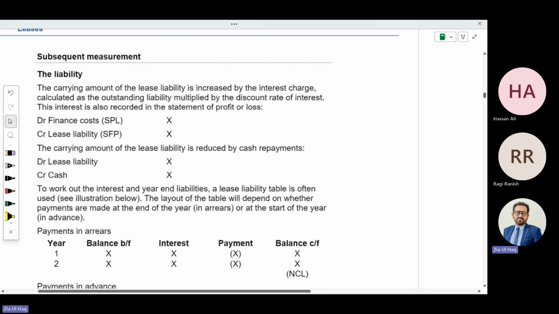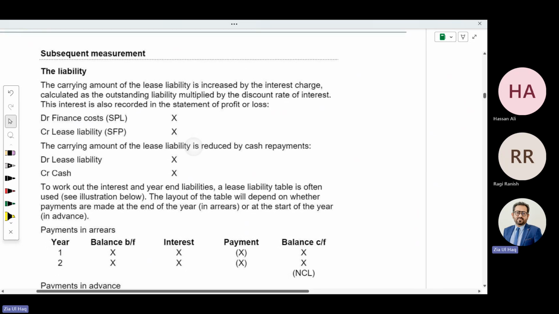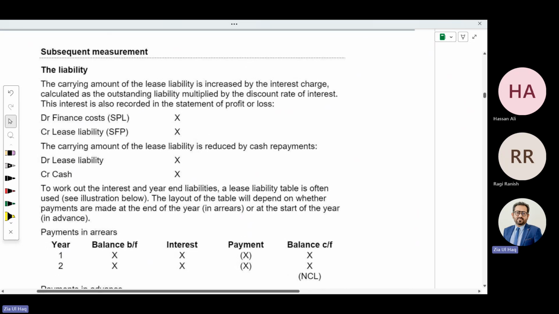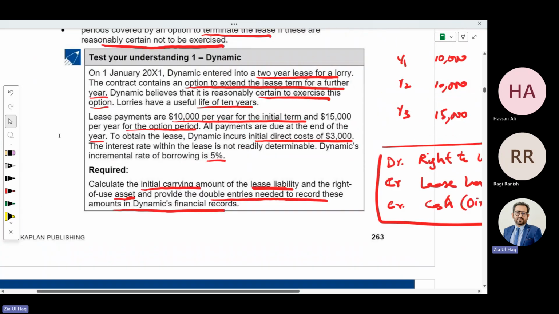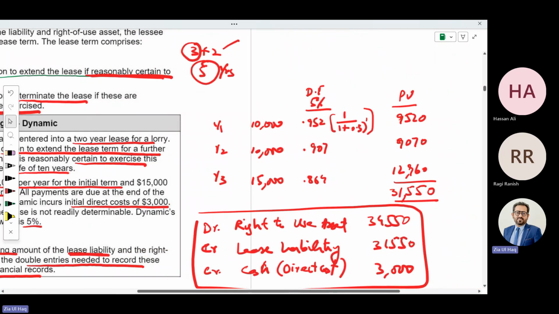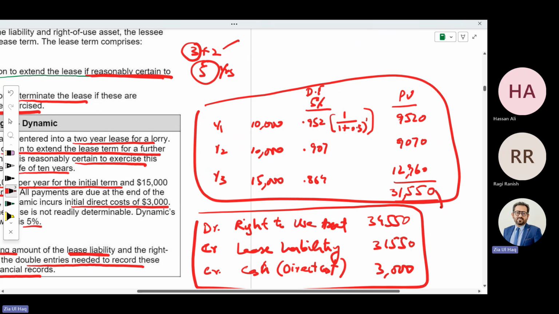Subsequent measurement. We have discussed initial measurement. Now we are moving towards subsequent measurement. At the start of the year, we will calculate the lease liability using the present value method. And normally, this figure will be given in the question.